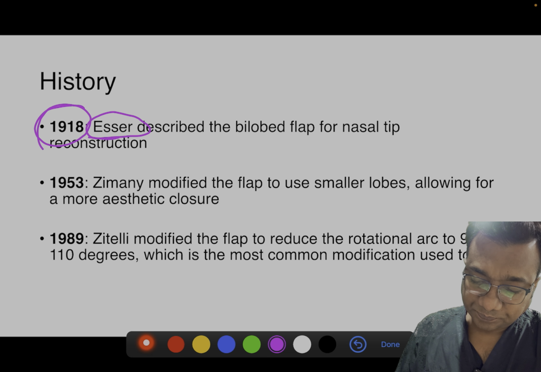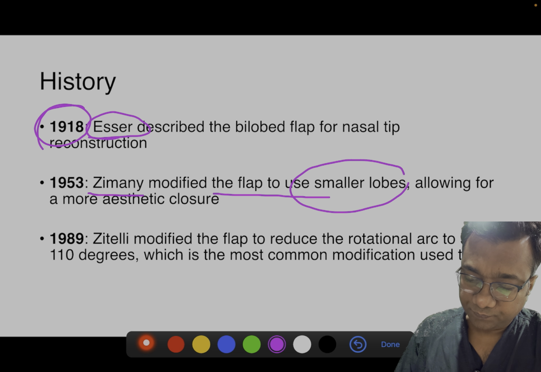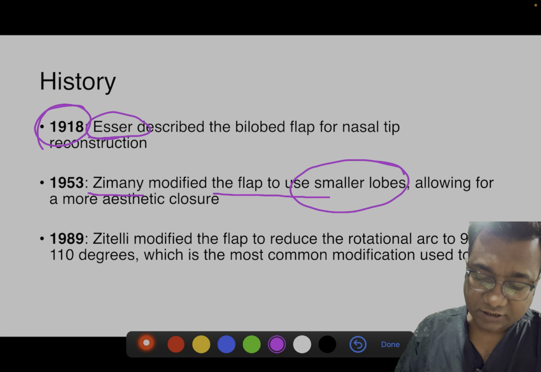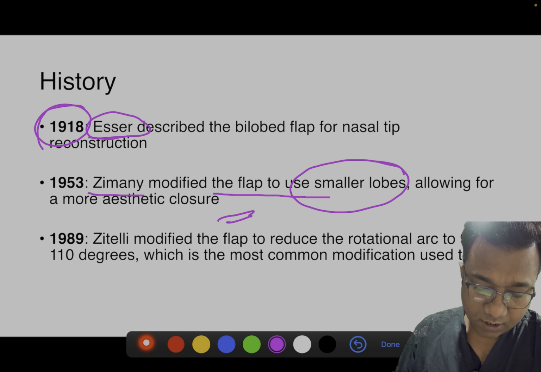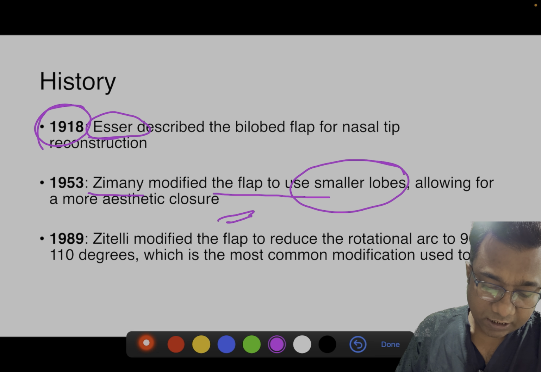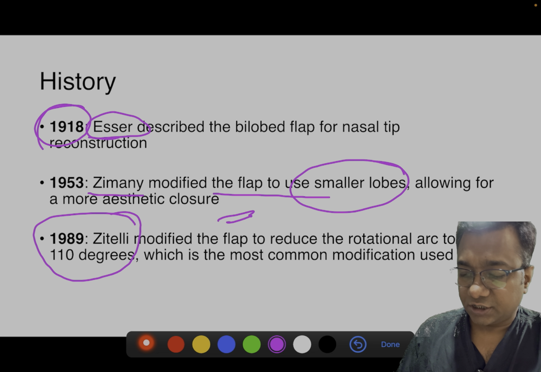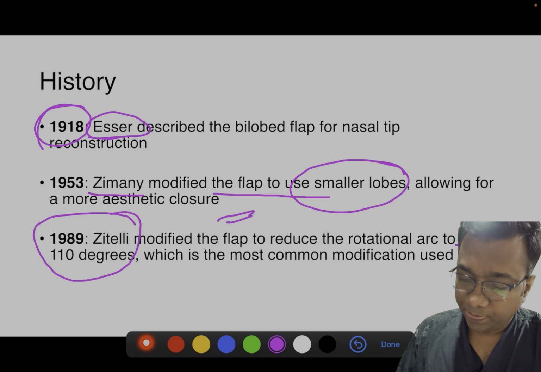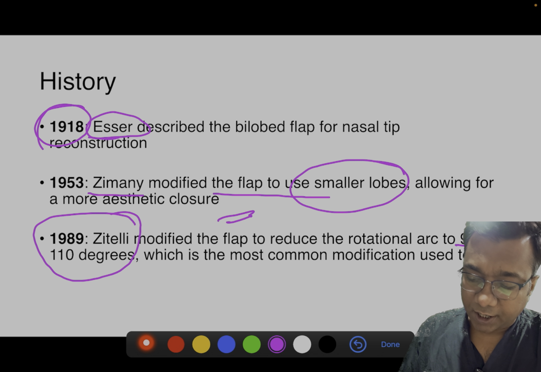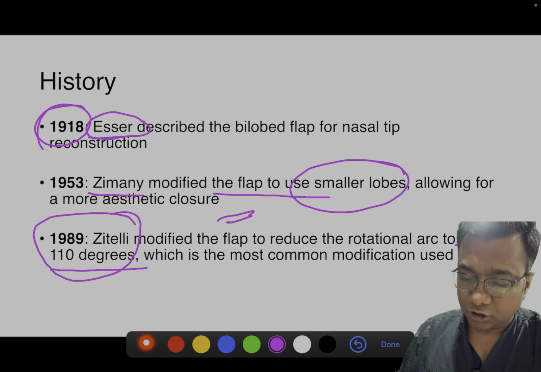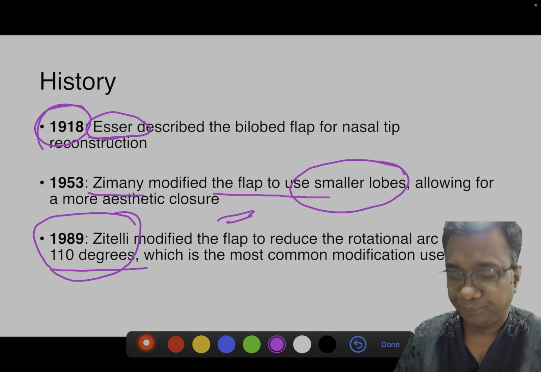After that, Zimany modified the flap with the use of smaller lobes, allowing a more aesthetic closure. Then finally in the year 1989, Jitelli modified the flap to reduce the rotational arc from 90 degrees to 45 degrees, which is the most common modification used today.